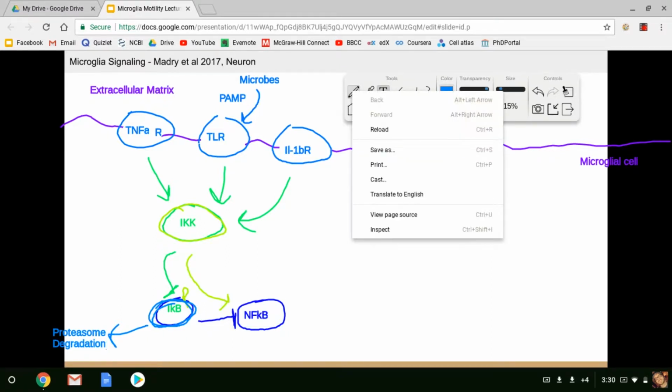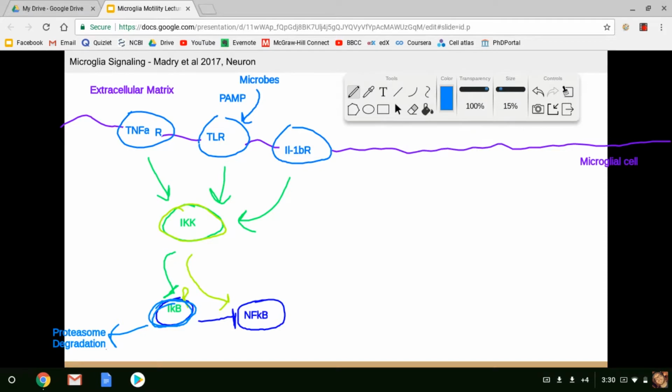So the phosphorylation of the inhibitor of kappa beta by IKK, or the inhibitor of kappa beta kinase, causes proteasomal degradation. And this frees up NF kappa beta. It releases NF kappa beta from the chains of the inhibitor of kappa beta, and NF kappa beta translocates to the nucleus.